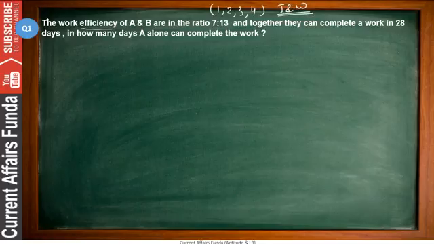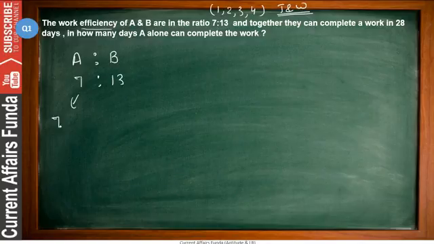Basically, the meaning of this question: the work efficiency of A and B are in the ratio 7:13. Efficiency means 1 day work. So A is doing 7 work per day, and B is doing 13 work per day.